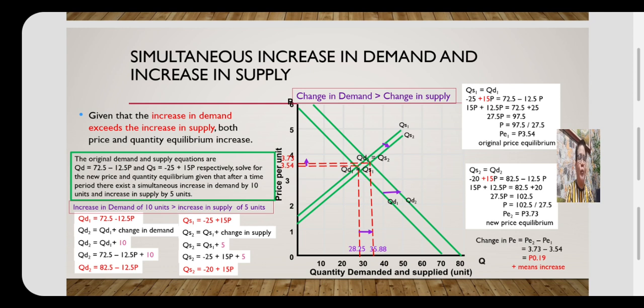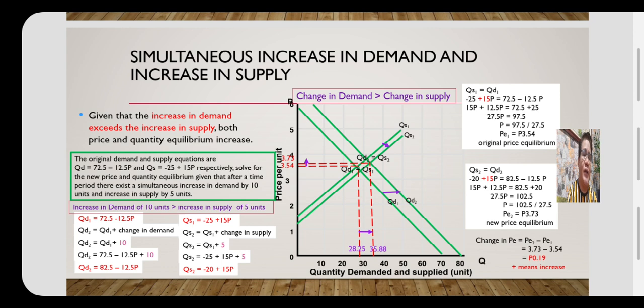So P sub 2 minus P sub 1. Now, since the new price equilibrium is given by the value 3.73 and the original price equilibrium is given by the value of 3.54, we can now solve for the change in price equilibrium as 3.73 minus 3.54.